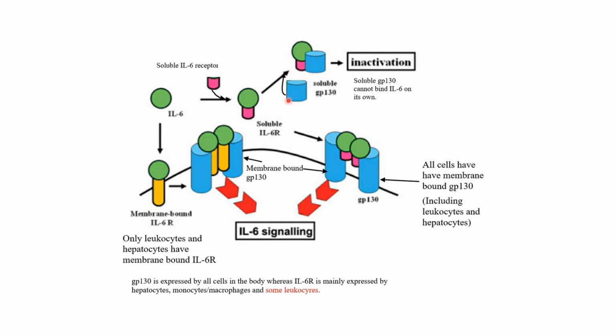There is also the soluble form of this GP130, and its job in fact is to inactivate this complex. So there's interleukin 6 bound to this soluble receptor on its way to carry out a signal transduction process in the cell. Instead, this one comes in and takes it away, inactivates it.